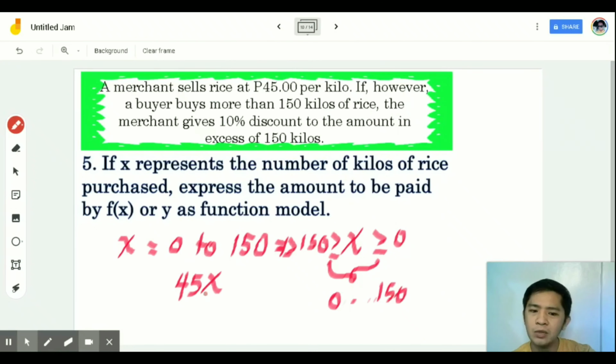But the problem is kung ito ay lumagpas na sa 150. So, ano mangyayari? So, kung ang X mo ay greater than 150, huwag nating isama si 150 kasi dito na siya, no, sa unang case. So, anong gagawin nyo? Binibreak natin siya, di ba? Medyo mahaba kasi yung solution, kaya lilipat ako dun sa whiteboard so para mapakita ko sa inyo kung paano yung pagkuha natin ng function model na to.